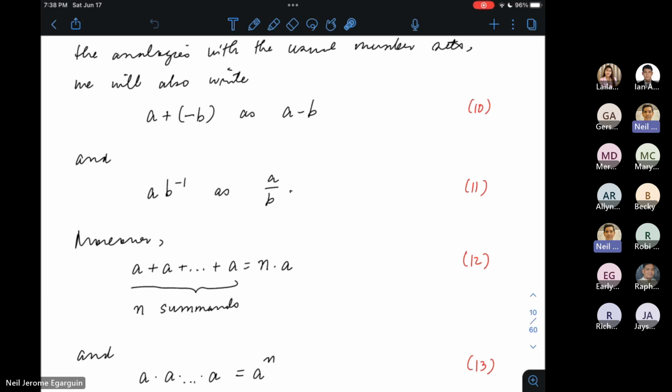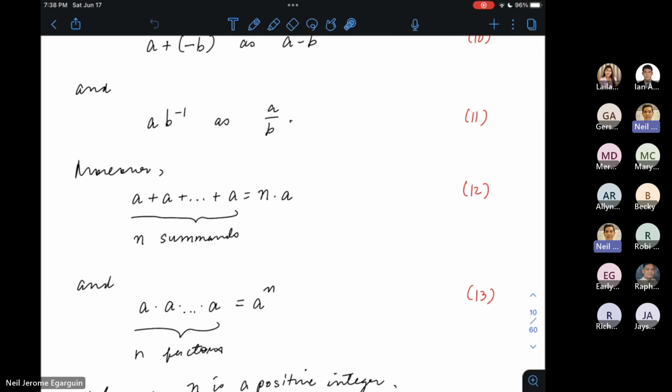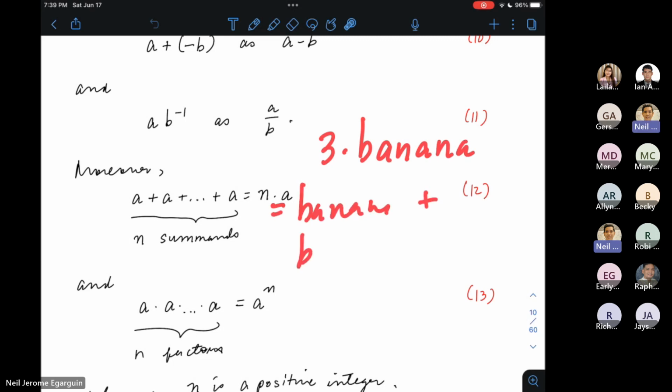Okay? And then kapag nag-a-add tayo ng n ng mga same elements, pwede natin siyang isulat na n times A. Right? Kasi there would be some times that we'll be working with non-numbers. Halimbawa, I'm working with the field consisting of fruits. Tapos meron ako mga crazy operations na dinefine doon. So pag nagkaroon ako ng 3 times banana, kunwari, ito ay equal lang sa banana plus banana plus banana.